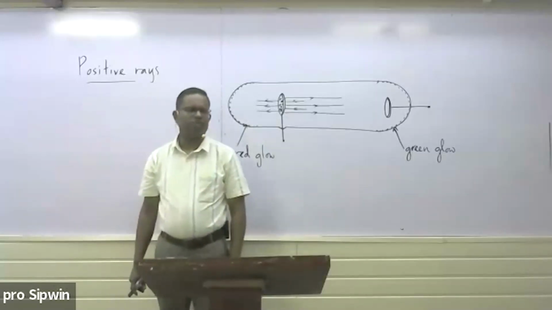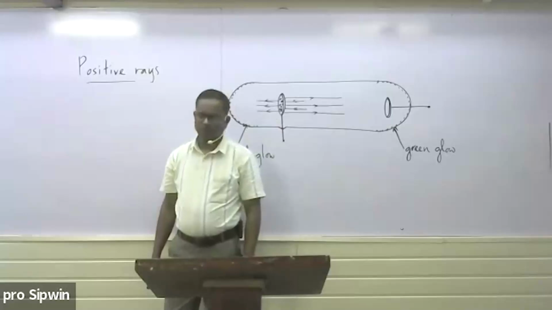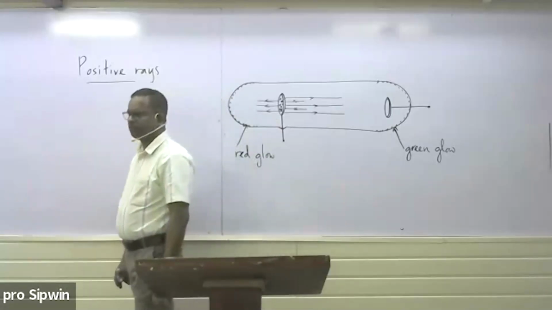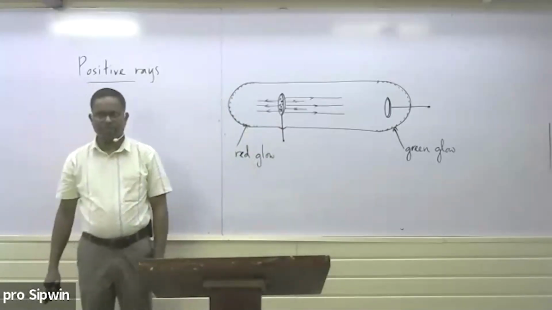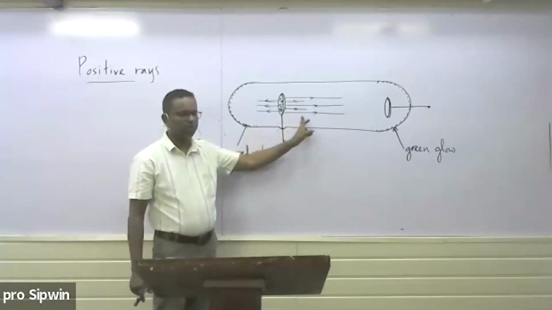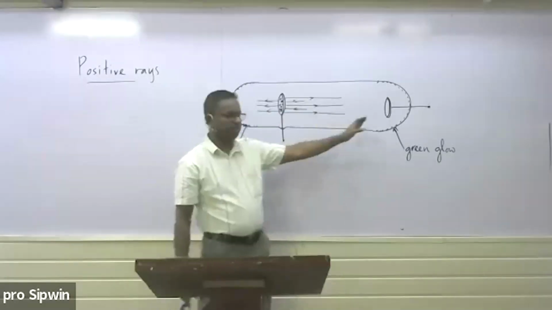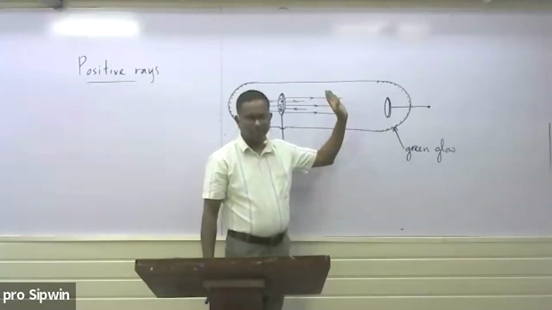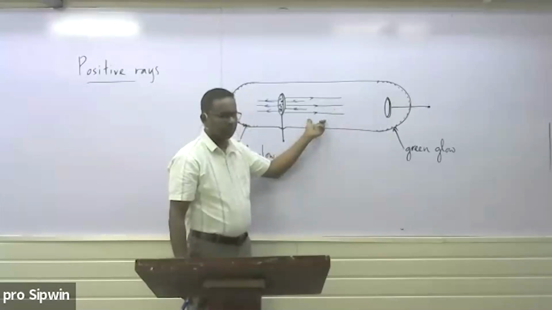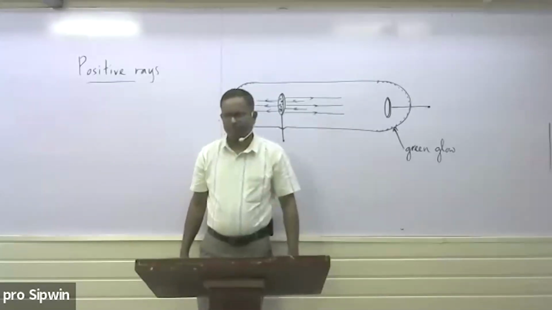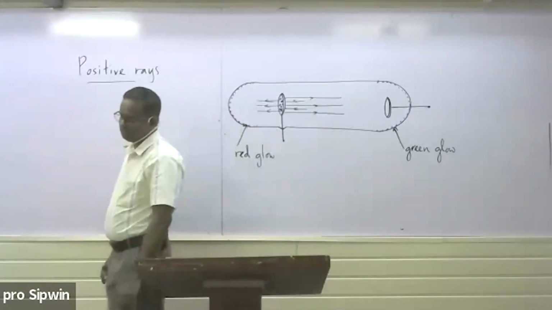Because they are composed of positively charged particles, we say these are positive rays. They are not anode rays, not from the anode side. They start in this gas region and pass in the opposite direction.